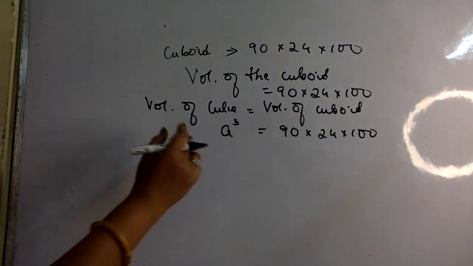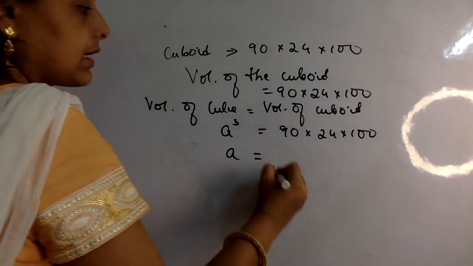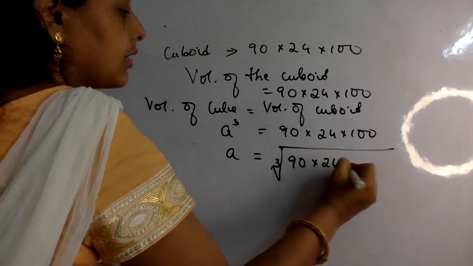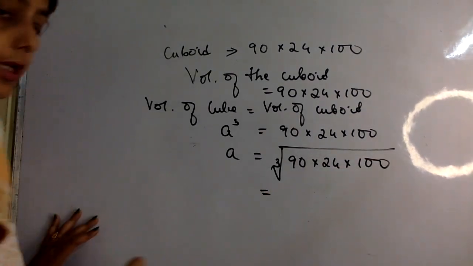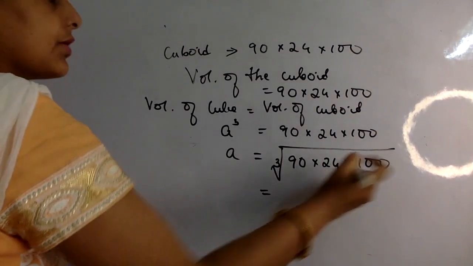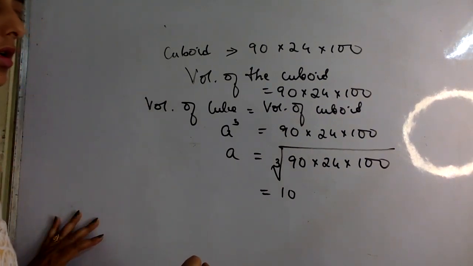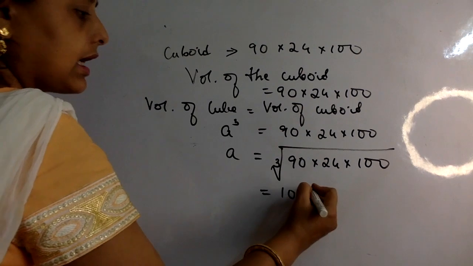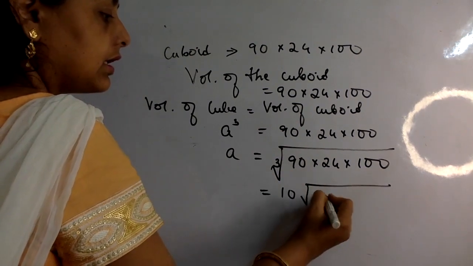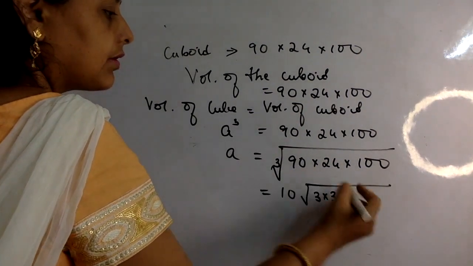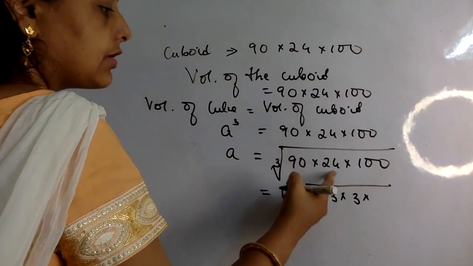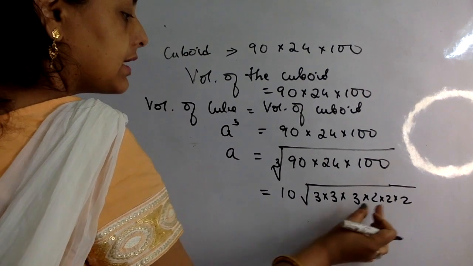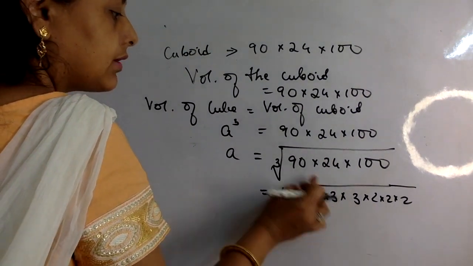Now let me go straight to the cube root, that is finding a. So here 90 into 24 into 100. I can see 3 zeros. Take one 10 out, because the cube root of 1000 is 10. Then I have 3 into 3, and a 3 from here, that is 8 into 3, and for 8 I can write 2 into 2 into 2. This is my 8 into 3, that's the 24, and 3 into 3 is the 9.